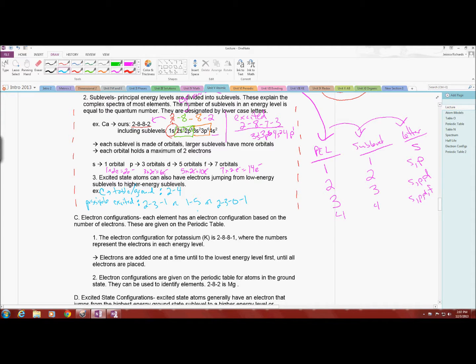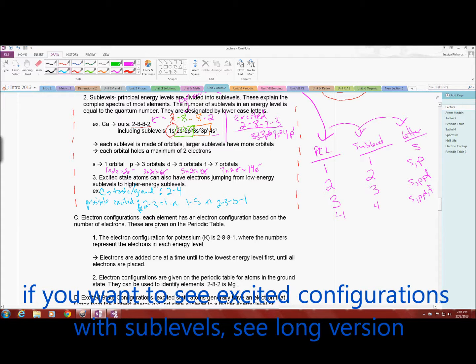There are lots of ways to make excited state electron configurations. If you have to make your own on a test, I would recommend doing something really simple like this, so that if you just move one from the highest energy level up and make a new energy level, there's no way you're going to put more than the maximum in any of the slots.